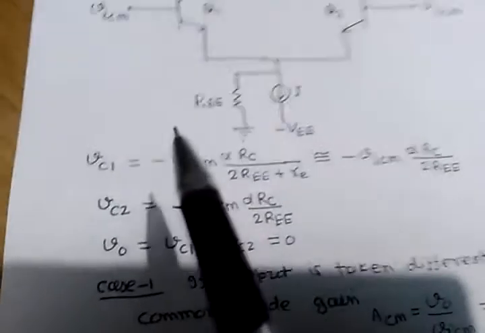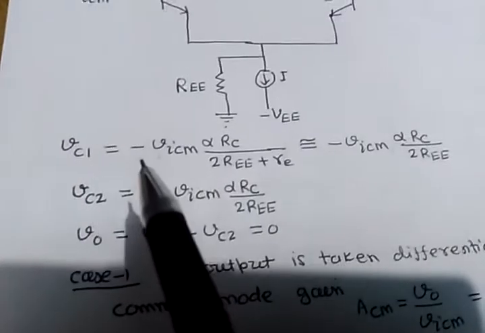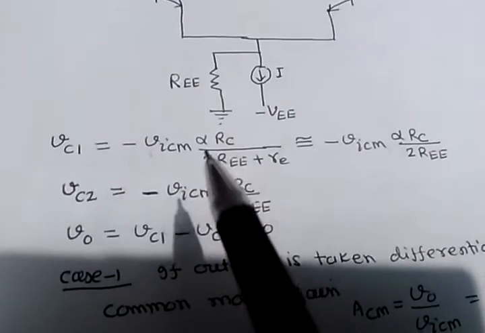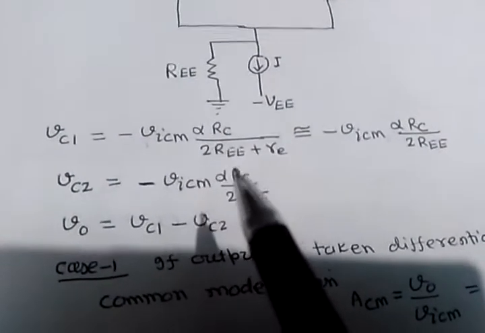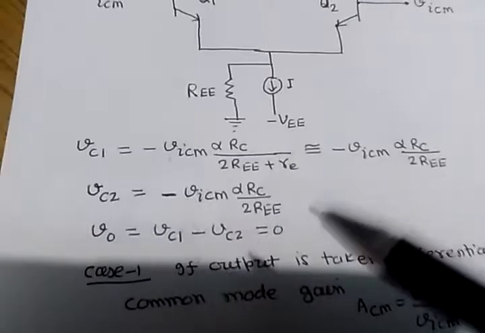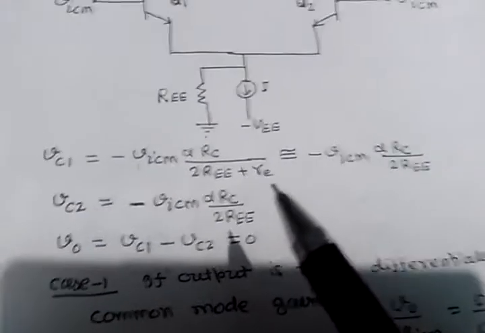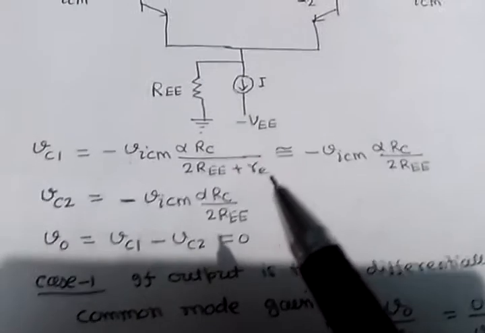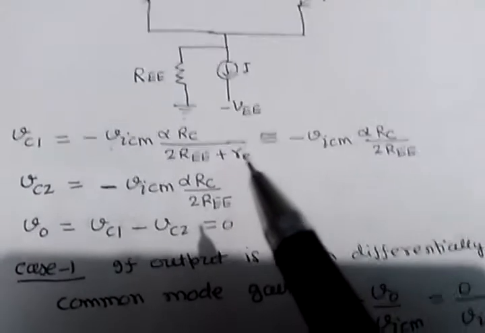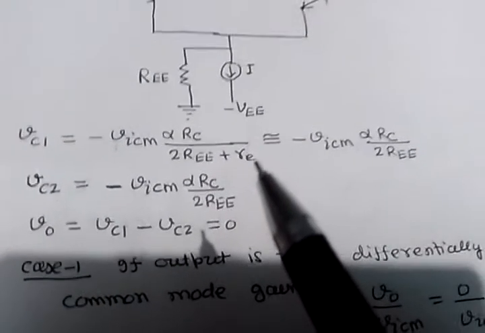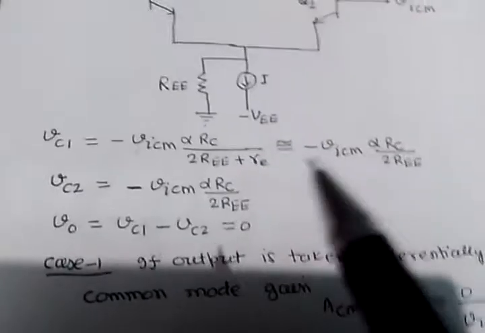In this case VC1 is given by minus VICM alpha RC upon 2 REE plus re. Small re is the resistance between base and emitter looking into the emitter. We have already discussed this in first unit.